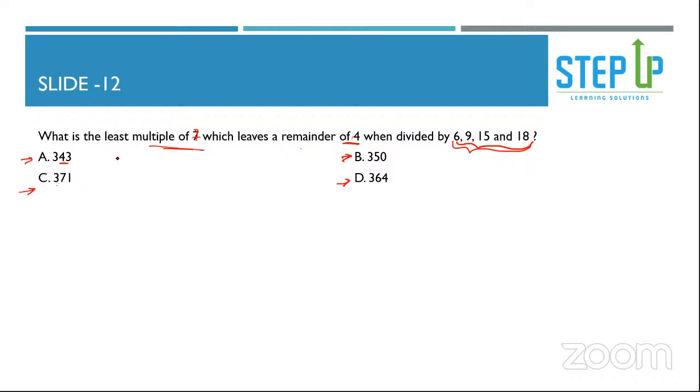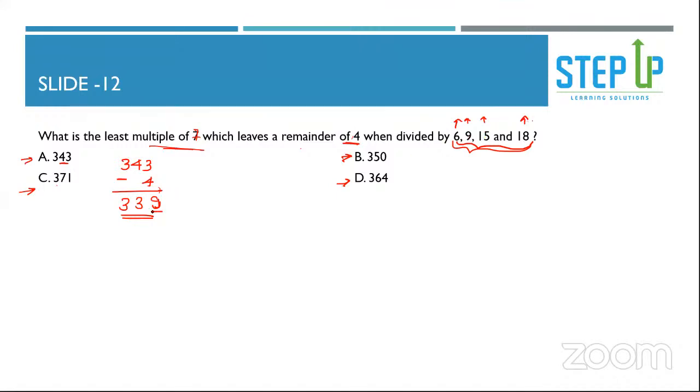So if I do one thing, 343 minus 4 will give me 339. Now this 339 should be divisible by 6, by 9, by 15, and by 18.